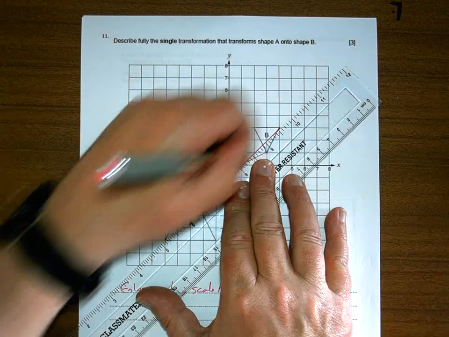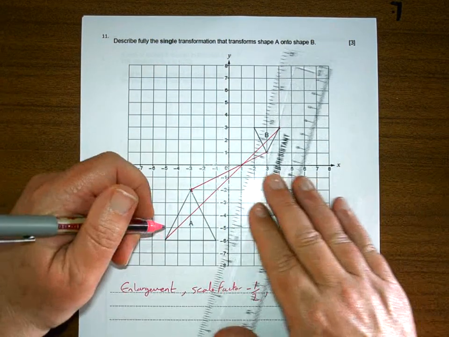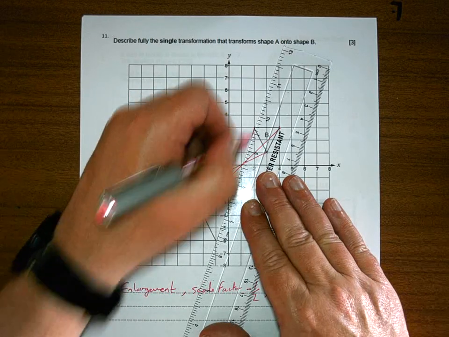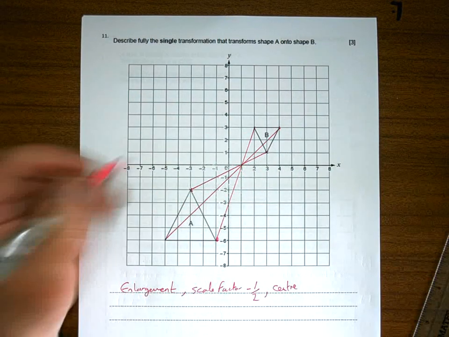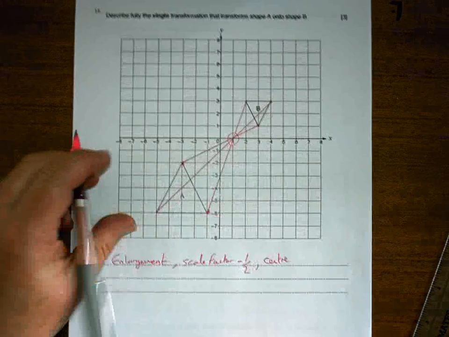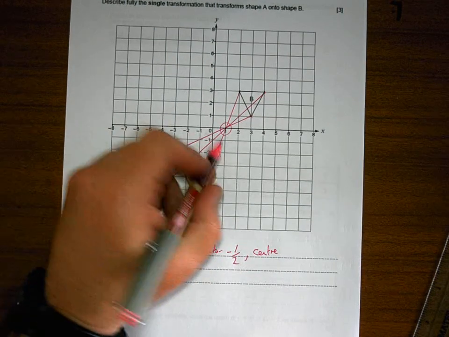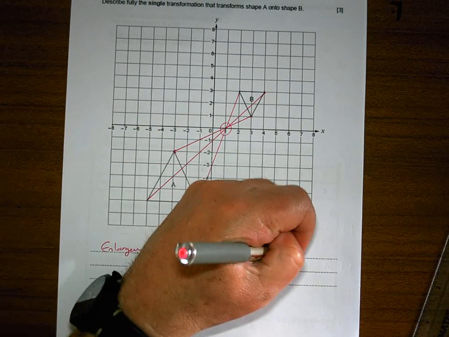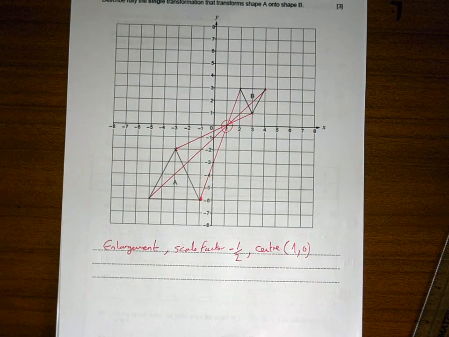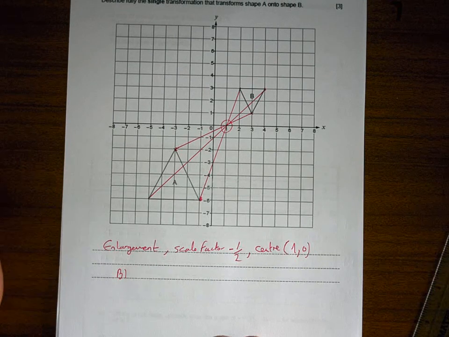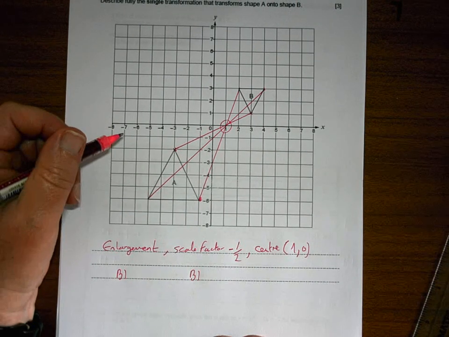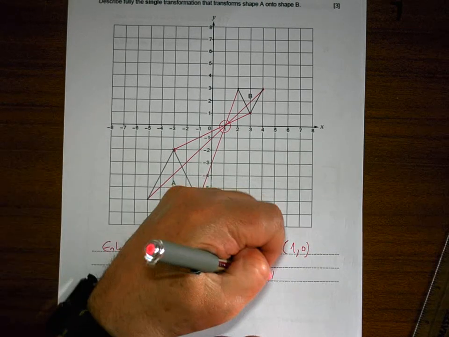And this one is going to flip around to there. And where those lines intersect is the center of enlargement. So this one will have a center of coordinate pair 1, 0. So 3 marks, 1 for saying it's an enlargement, 1 for the correct scale factor minus a half, and 1 for the center of enlargement.